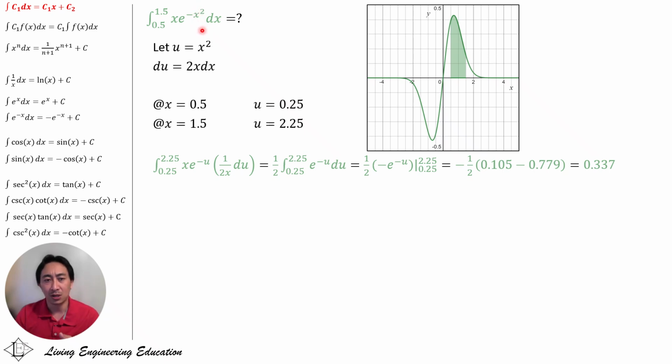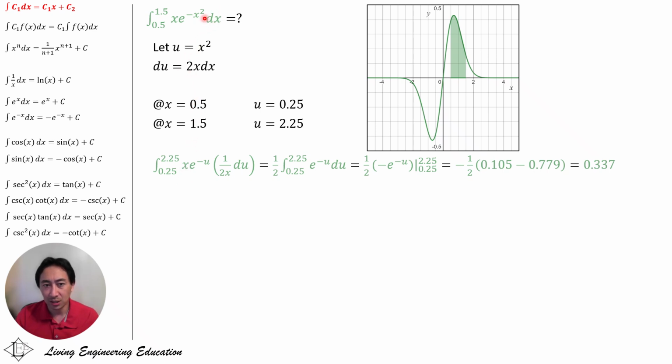That was the initiative to even consider this u substitution. So that's what this e to the negative u term represents here. I don't want this x term to show up here, but I'm going to leave it there for now and see if it falls out. Of course, I know that it will because I designed this problem, but if you didn't know, that's one method of looking at this.